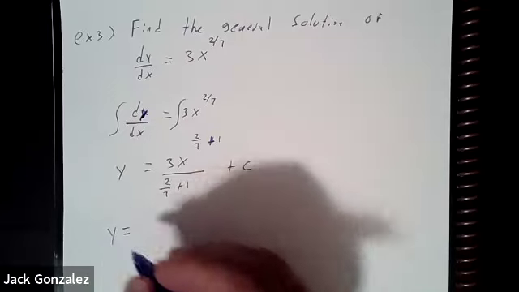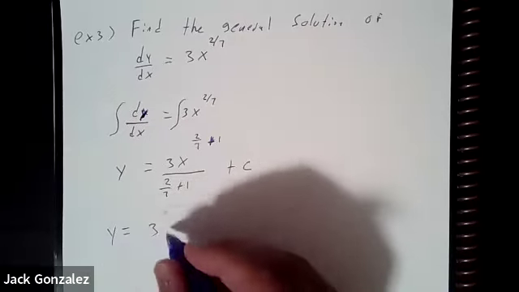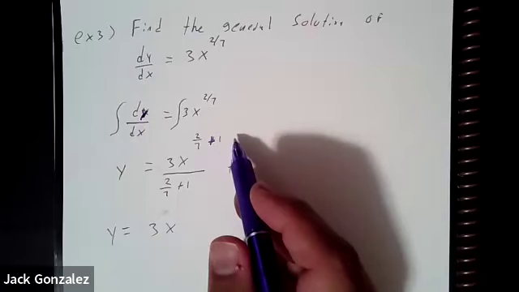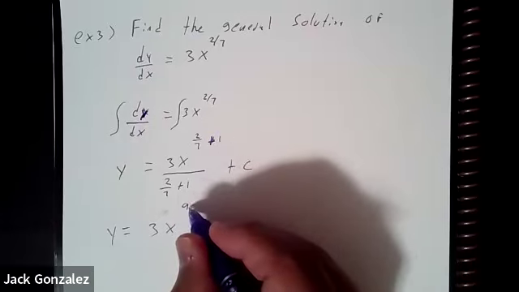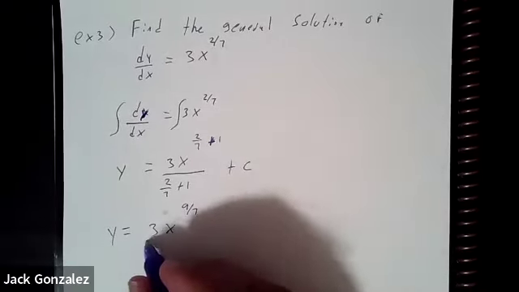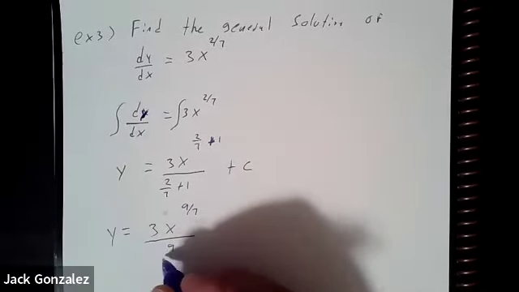So this will become 3x to the 2/7 plus 1 is going to be what? 9/7, right? So this becomes 9/7.